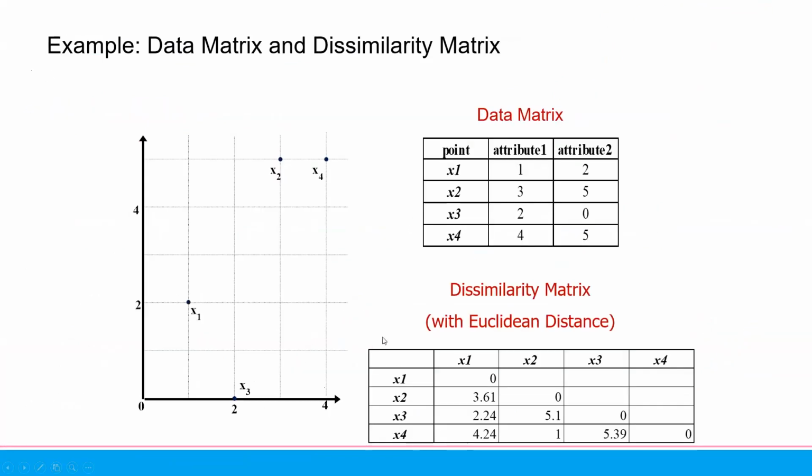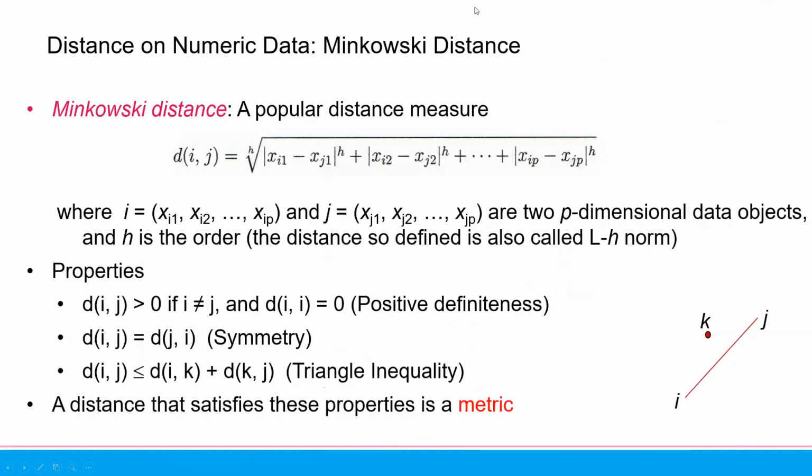For example, x1 and x1, the distance will be 0 because they are in the same location. Dij equals Dji because this is the symmetry property.